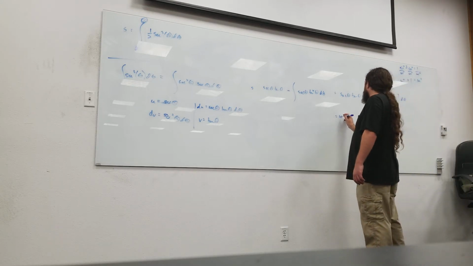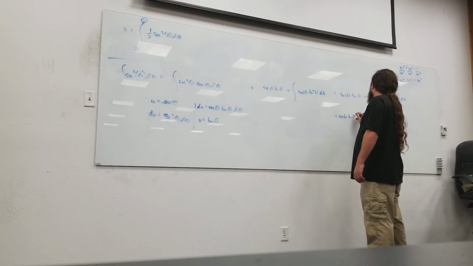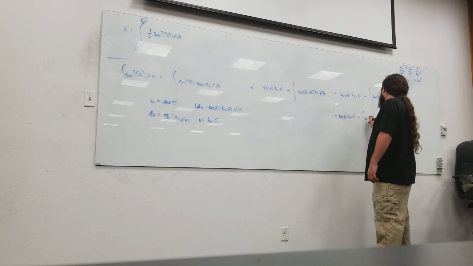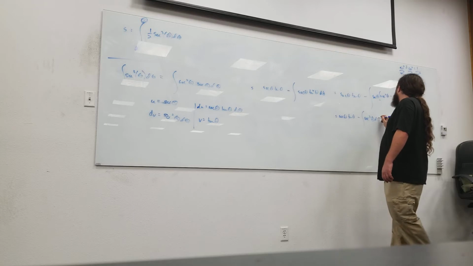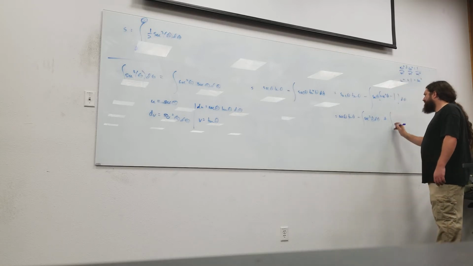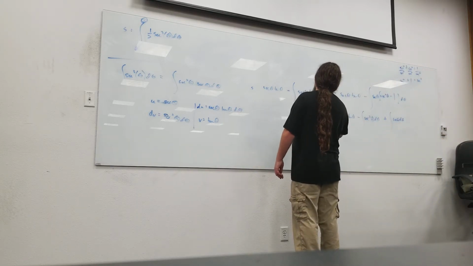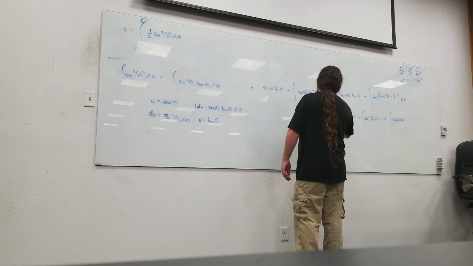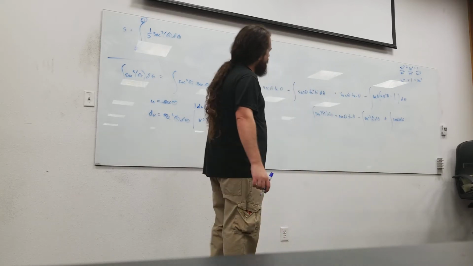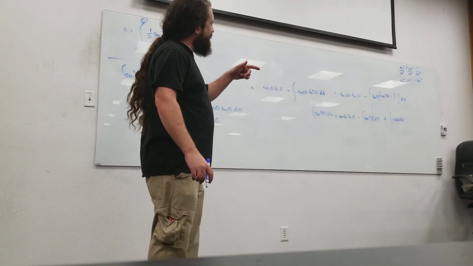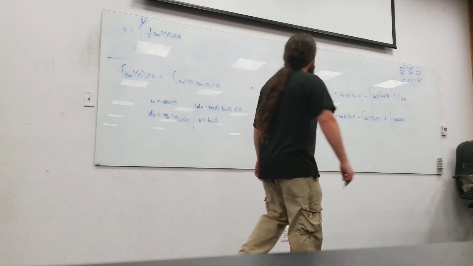So, this is secant theta tangent theta minus the integral of secant cubed d theta plus the integral of secant theta d theta. And all of this is equal to the integral of secant cubed, right? So what was your punchline? Add the integral of secant cubed and divide by 2, right?